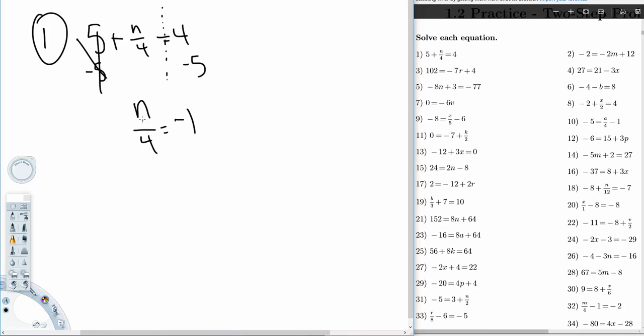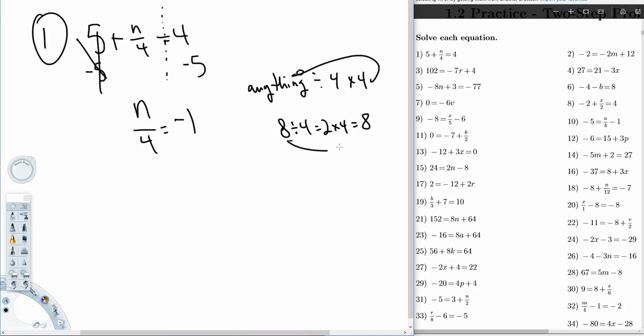Now, we want to know what n is. We have to get rid of this divided by 4. So anything divided by 4, if you multiply by 4, you're going to get the exact same thing. So if I have, let's say, 8 divided by 4 equals 2, times 4 equals 8. You see how it is?